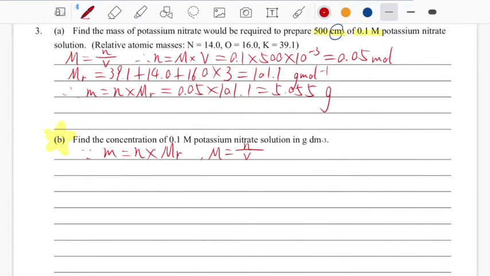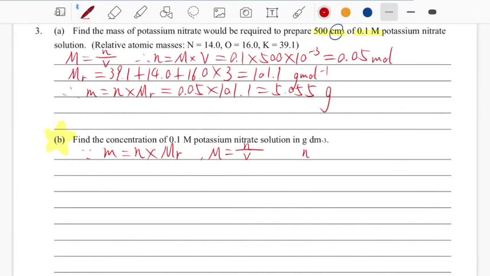So we can express the number of mole in terms of the molarity.